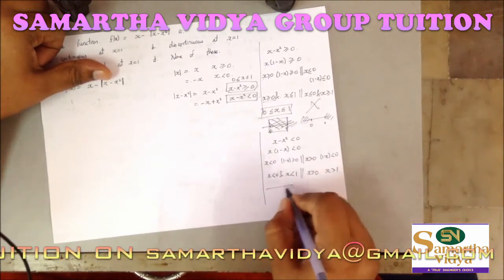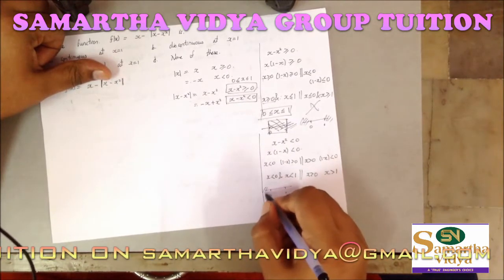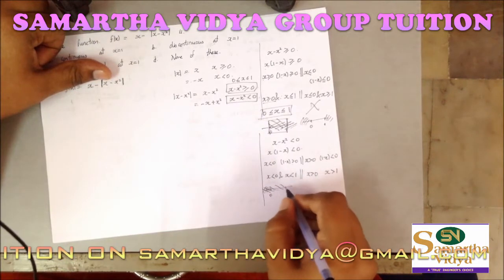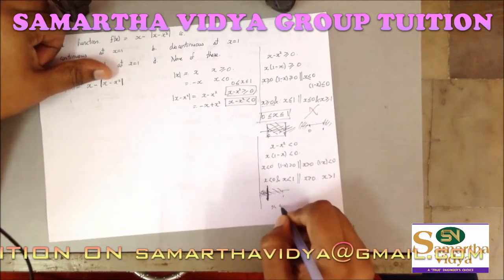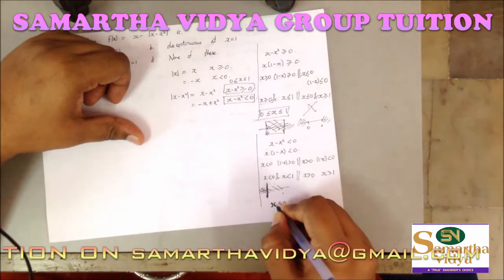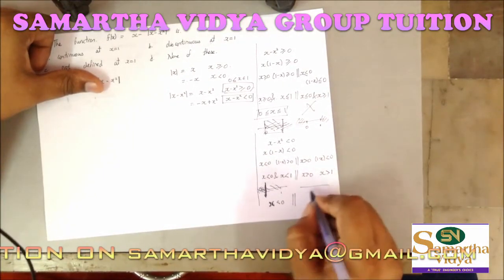So this is my 0, this is 1. So x is less than 0 means this region, x is less than 1 is this region. So you can see that the common region is x is less than 0. So we are getting one of the conditions, that is x is less than 0, or let us analyze this part.